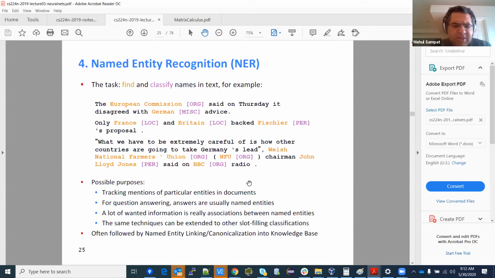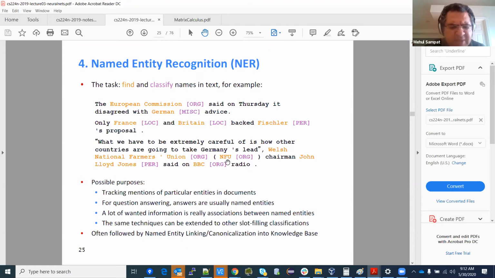So here he talks about the named entity recognition task. You want to find and classify names in text. For example, is United States mentioned, or is France mentioned? These are locations, and European Commission is an organization, and so on.